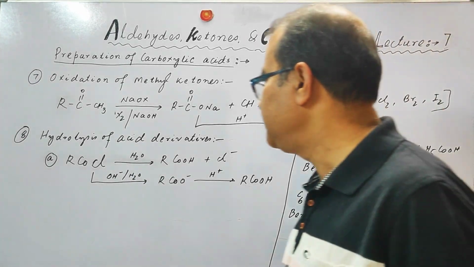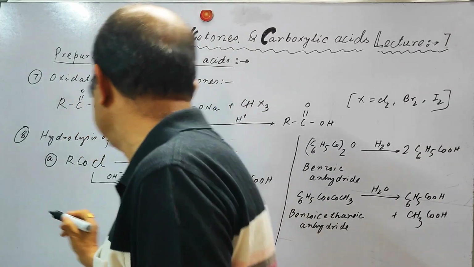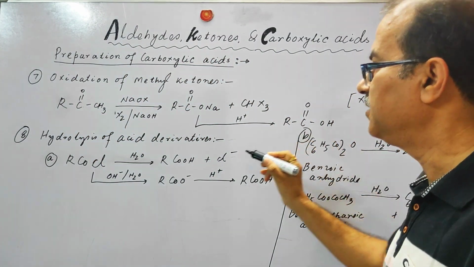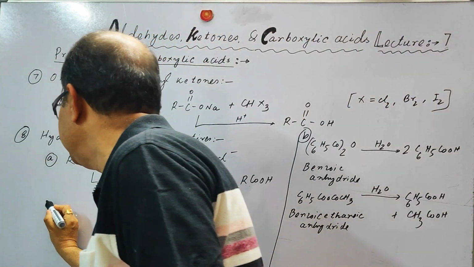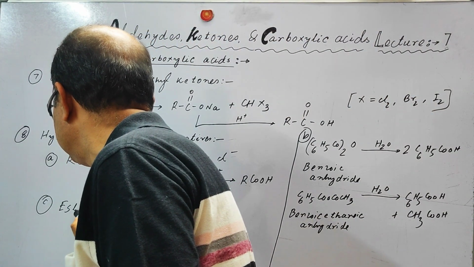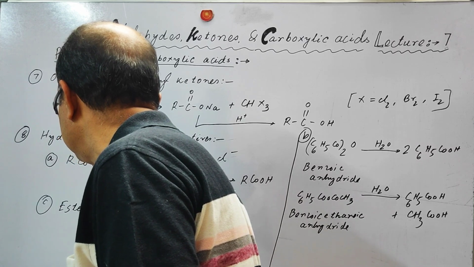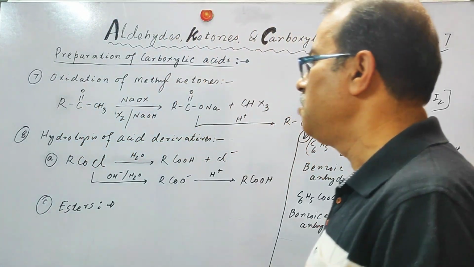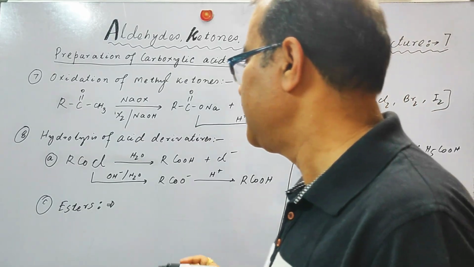Now from the esters, this is the C reaction for the acid derivatives, that is from the ester. Hydrolysis of ester, we can also produce this carboxylic acid.